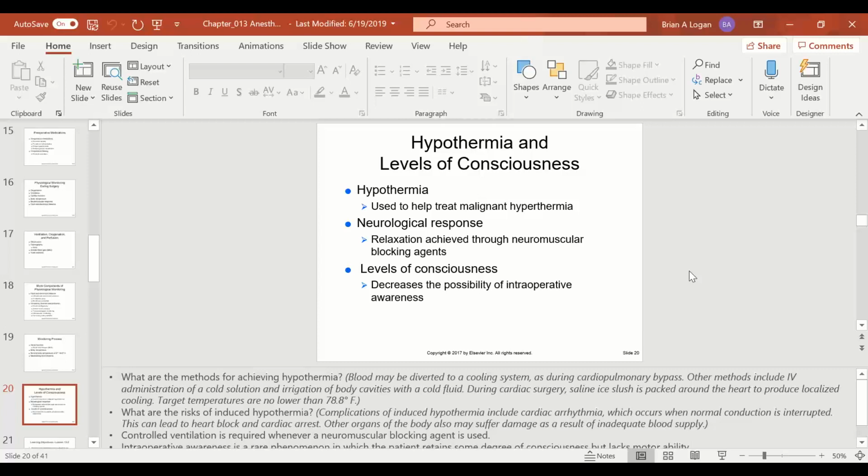And then your level of consciousness, this is going to help get rid of that intra-op awareness, right? Some patients have reported being completely awake and knowing and kind of feeling everything, even though everything on the monitor and everything about that patient suggests that they're completely unconscious.